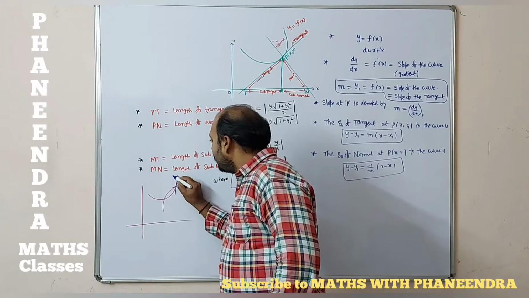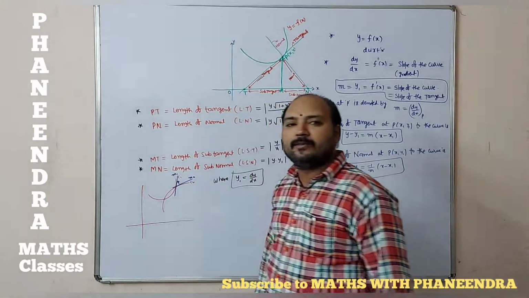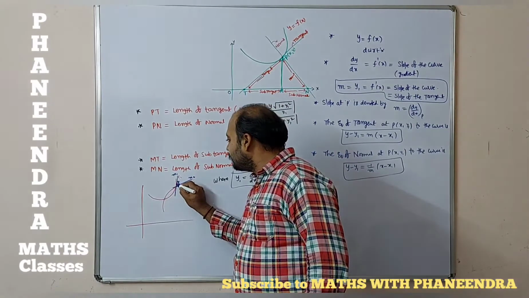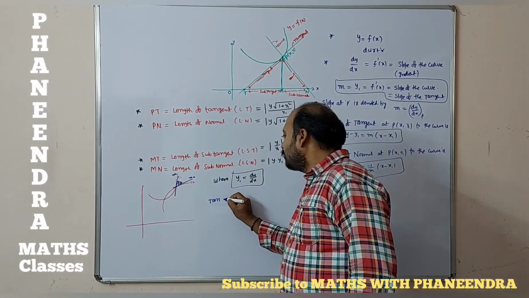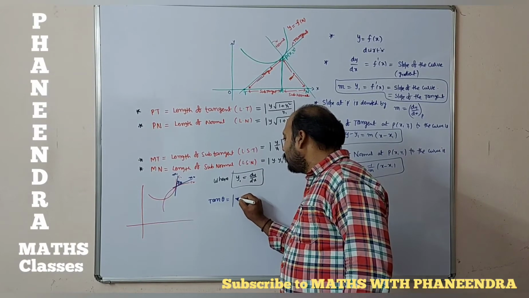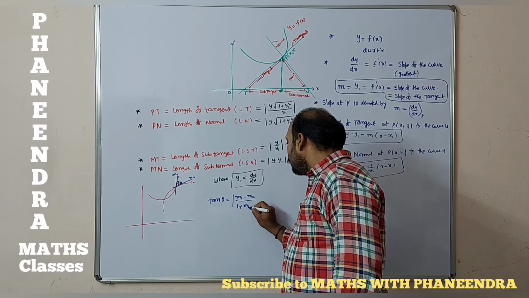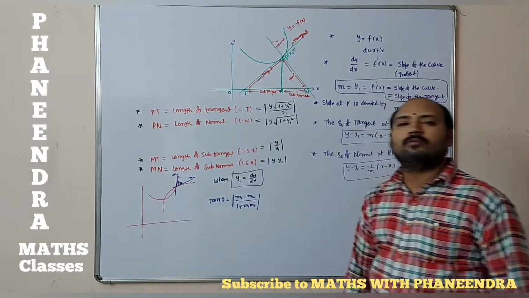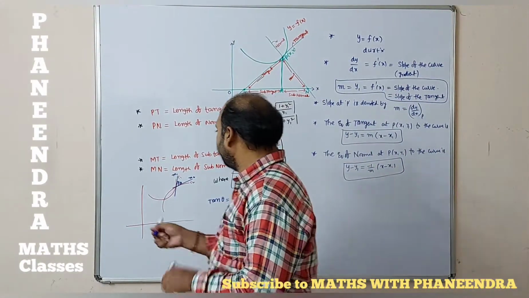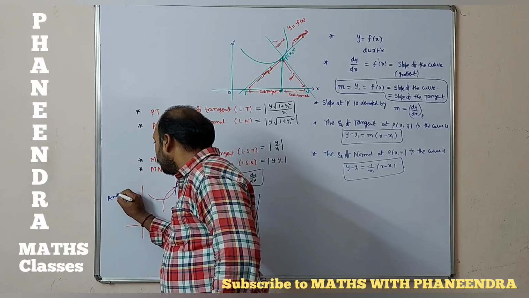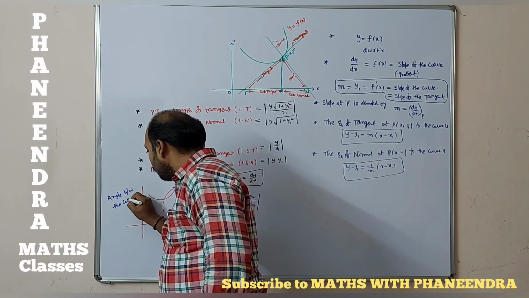The first tangent slope is denoted by m1, second tangent slope denoted by m2, and angle between them is theta, then angle between the two curves is given by tan theta equal to mod of m1 minus m2 by 1 plus m1 m2. This is the angle between two curves, or intersecting curves.